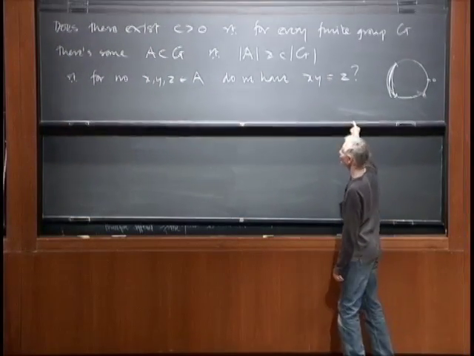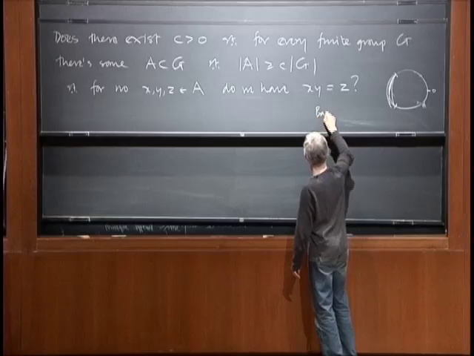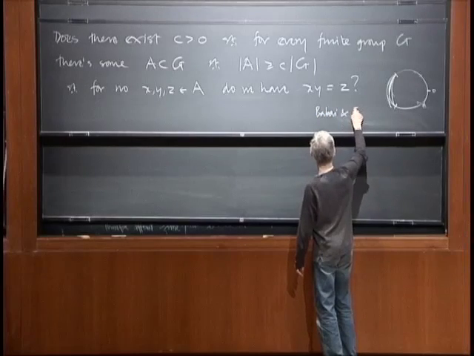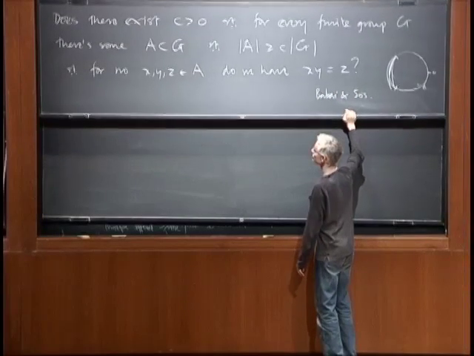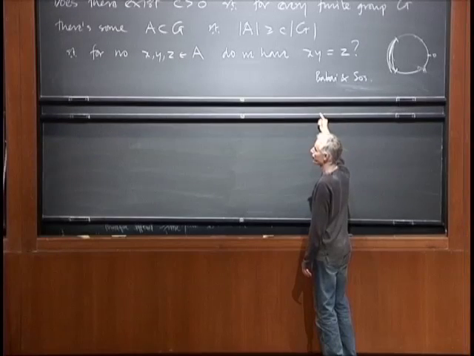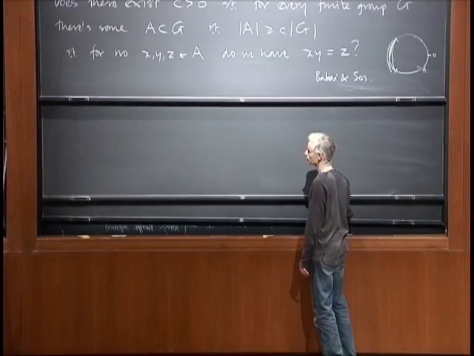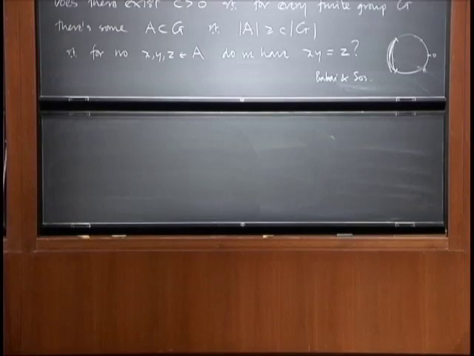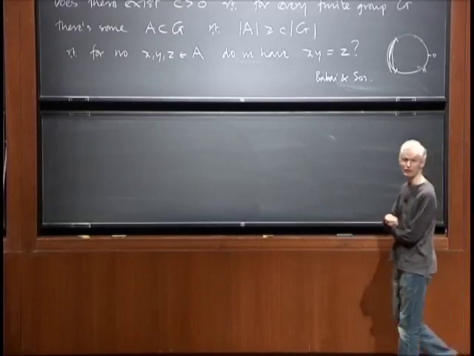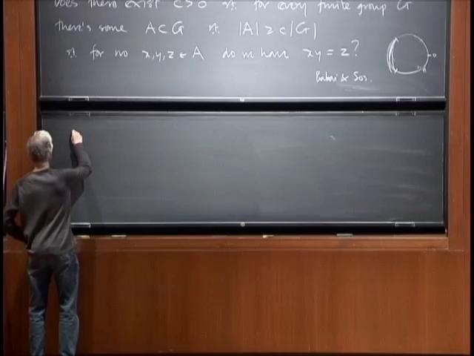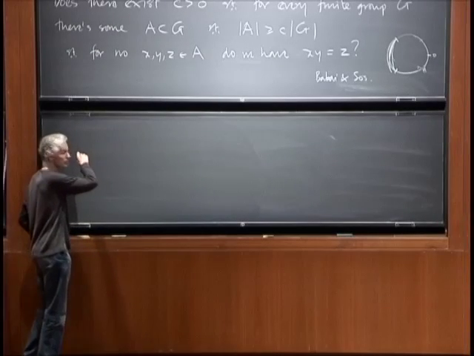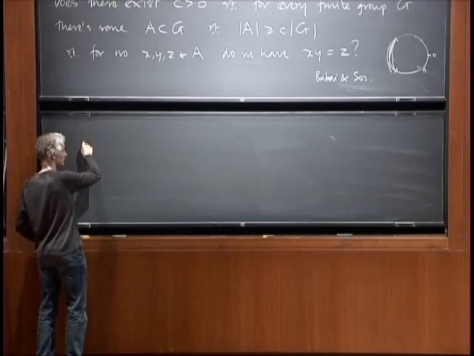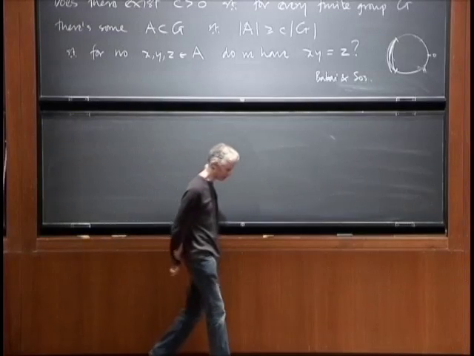So let me just say this was a question of Babai and Shosh. Another small remark is that one might as well confine one's attention to simple groups. And the reason for that is itself simple. So supposing G has a normal subgroup H, a non-trivial normal subgroup.